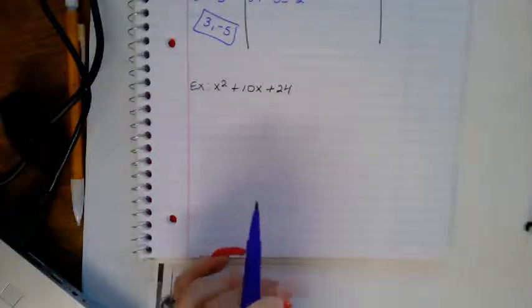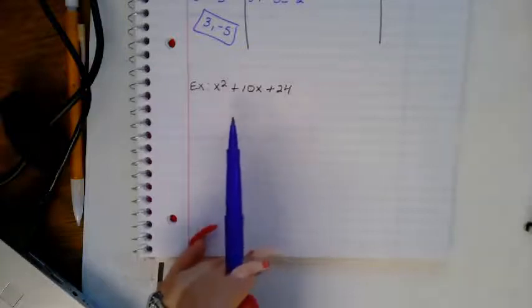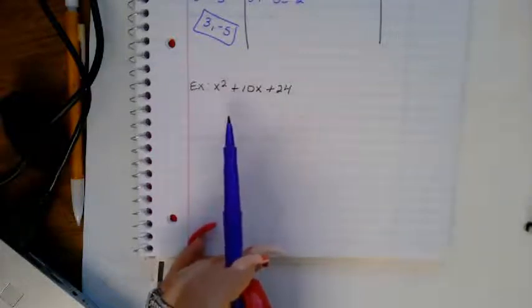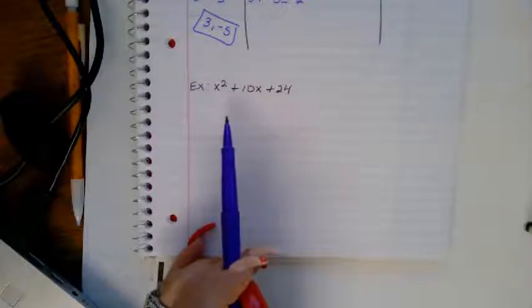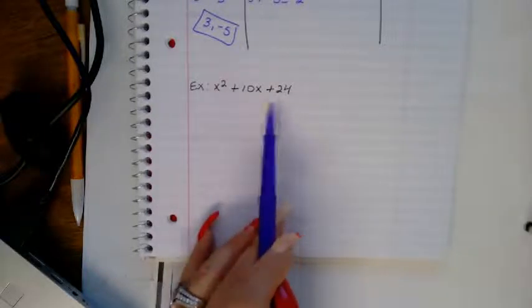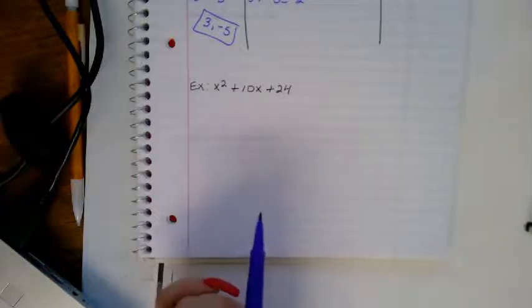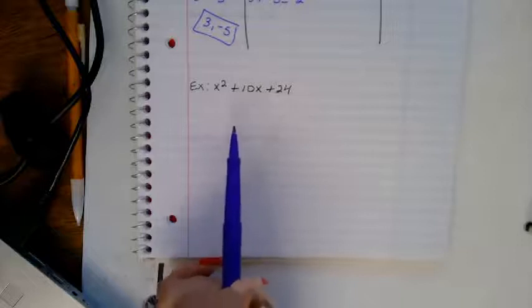Step 1 says, and you can look back in your notes if you need to, to write in descending order. Is this in descending order, you guys? Yes or no? Yes, that is in descending order.